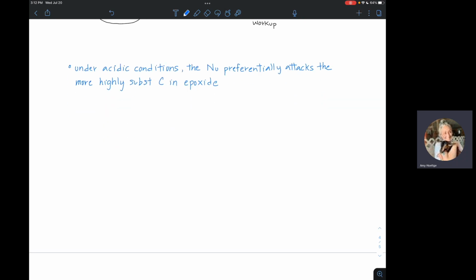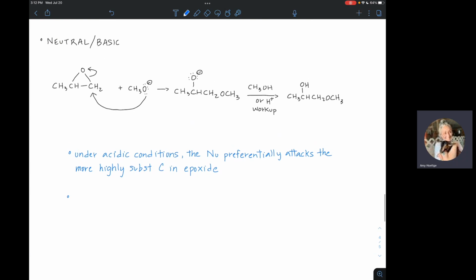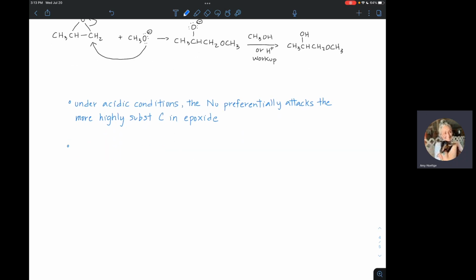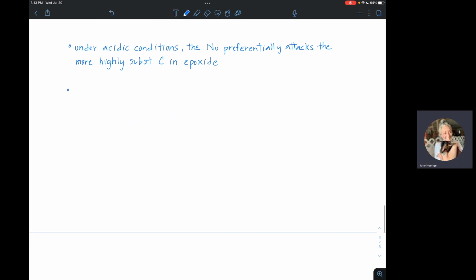And under neutral conditions, we did this under basic conditions as just an example, but if we were doing that under neutral conditions, I would have just used methanol, right? They're so reactive that you can use a weak or neutral nucleophile, like methanol or water or ethanol or something like that. It doesn't have to be the methoxide ion.